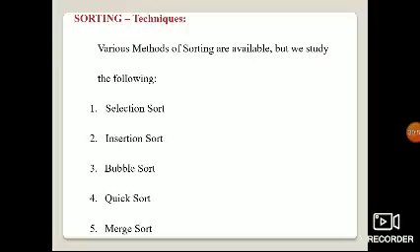So, selection sort. Let us begin with a small definition. Selection sort is nothing but selecting. What do we have to select? We have to search for the smallest number and keep it in the first position of the given list.